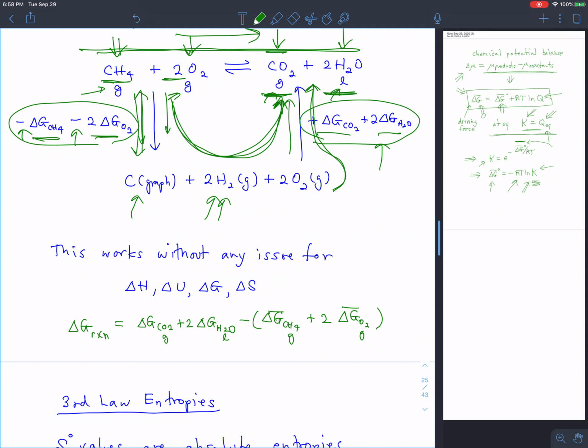Which is exactly the rule that we've been using all along, right? It's products minus reactants weighted by stoichiometric coefficients like these 2's that appear because there's 2's here and here.